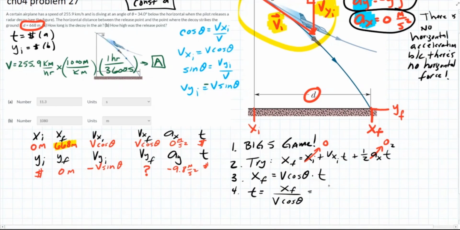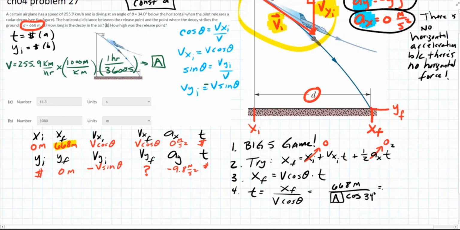All right, so here goes to continue. It's 668 with my numbers, 668 meters divided by V, which is sitting there in calculator memory location A, times the cosine of that angle. And that angle for me is 34 degrees.